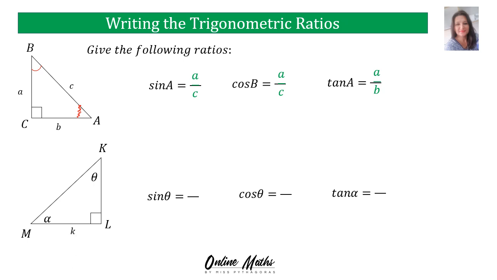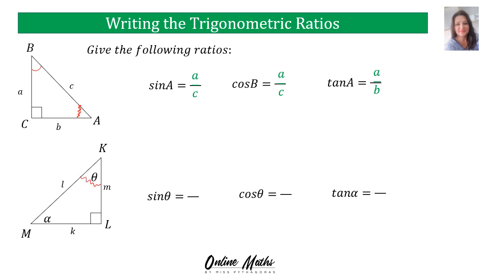In the next triangle, KLM, let's fill in the sides first. So side K, little k will be the side that's opposite angle K. Little l will be the side opposite angle L, and little m the side opposite angle M. Now we can start. The first one, sin theta. So we go to theta.